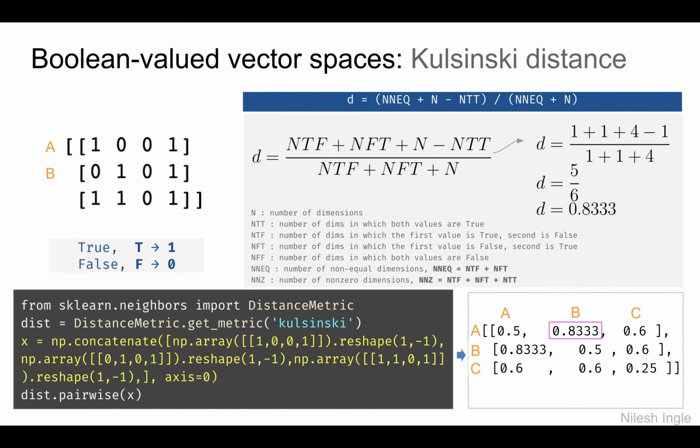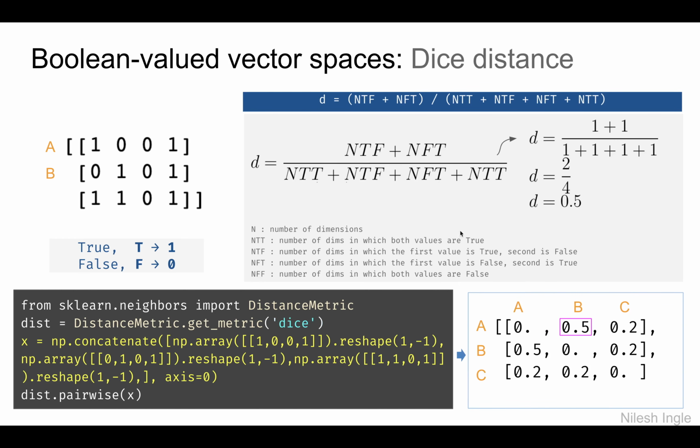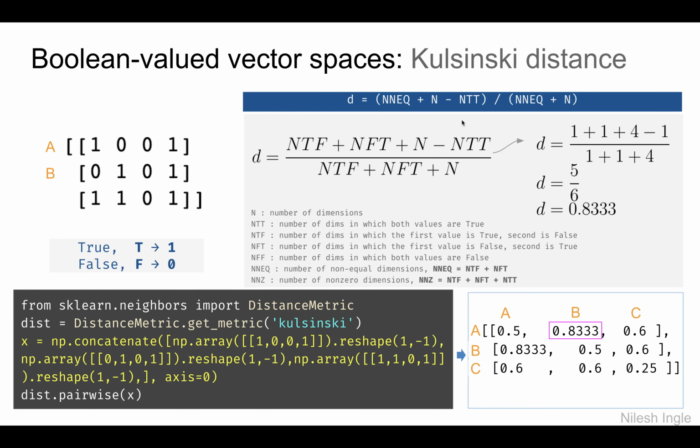Now, similar to this, there is another distance which is Kulsinski distance, and in this distance, similar to the previous distance, we had NTF plus NFT in the numerator. We have that one. We then have these additional terms here, and we are also subtracting all the true values. So if there is a match between both of these, then we are subtracting this.